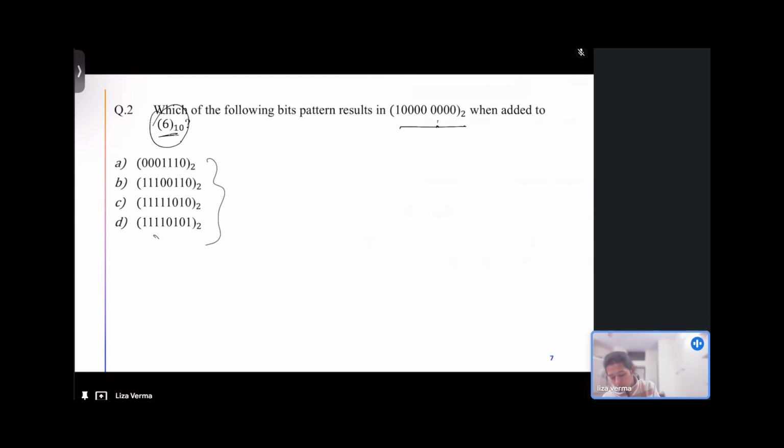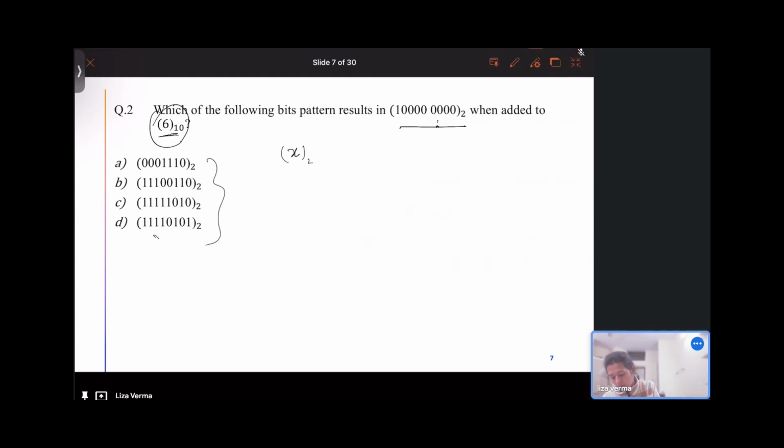So yes, we need to find a bit string, let's say that is x, in binary obviously, and let's say x is the answer, is when added to 6, which is right now in base 10, results in this number given, 1 0 0 0 0, right?